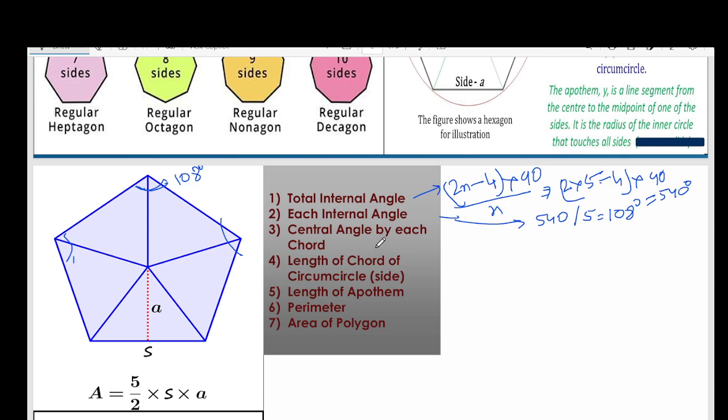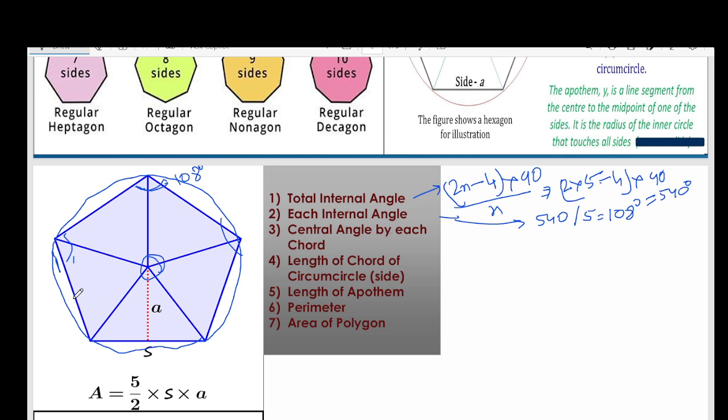Now come to the central angle. When the central angle concept comes, you draw a circumcircle here. The total angle around the center is 360 degree.